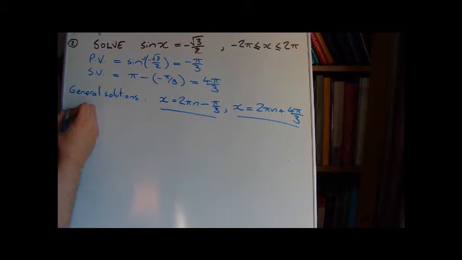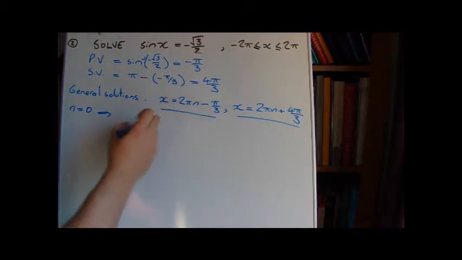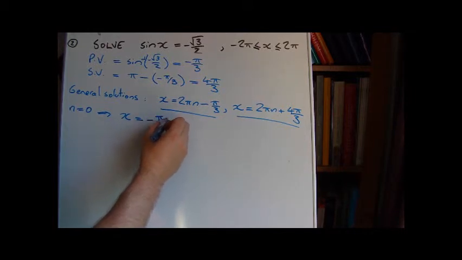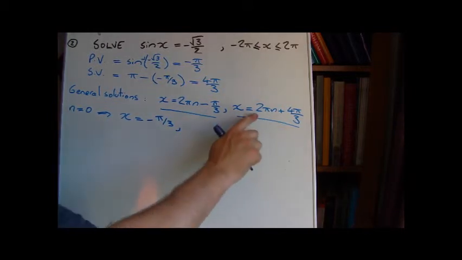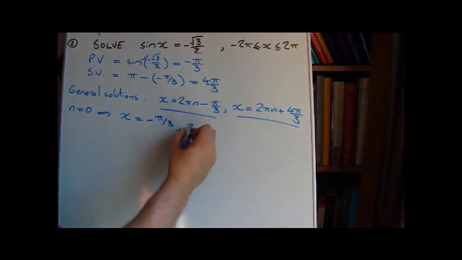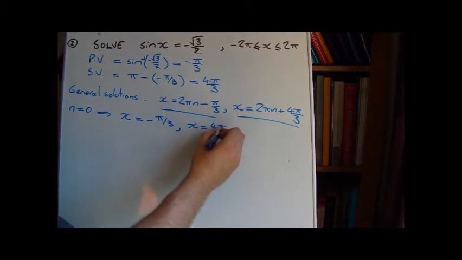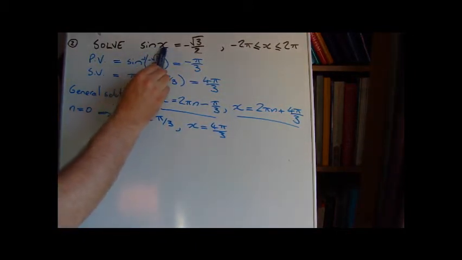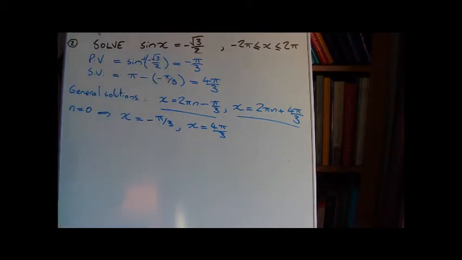We use them by substituting integer values of n into them. With n is 0, we're going to get x equals 0 minus pi over 3. So that's just the principal value again. With this one, we'll get 0 plus 4 pi over 3. So we're going to get the secondary value as a solution. That always happens with simple functions where we've just got an x here. If it's something more complicated, we don't always get the same two values again.